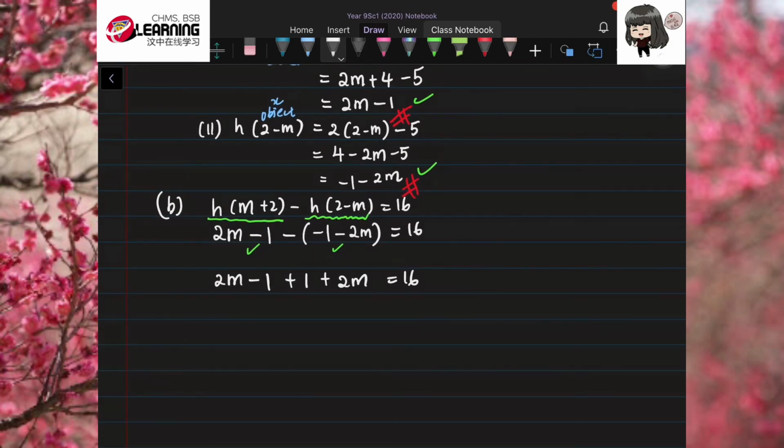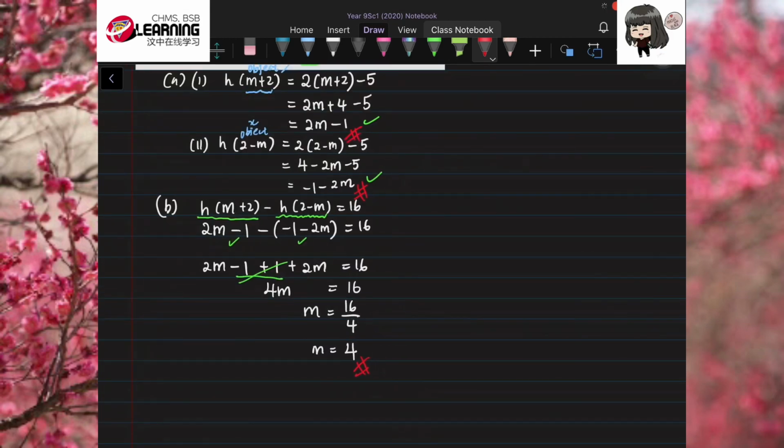And we simplify it. 2m plus 2m is 4m. Negative 1 plus 1, this one becomes 0, no more. And bring down equals 16. So m is equal to 16 divided by 4, which is 4. So we found our answer, m equals 4.